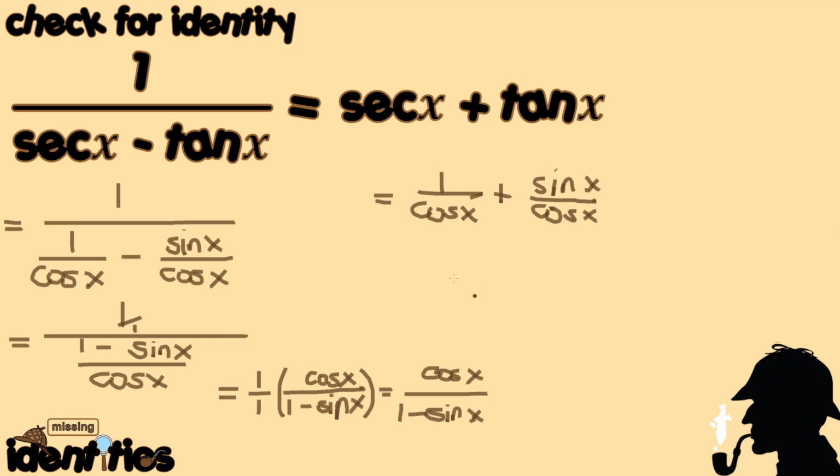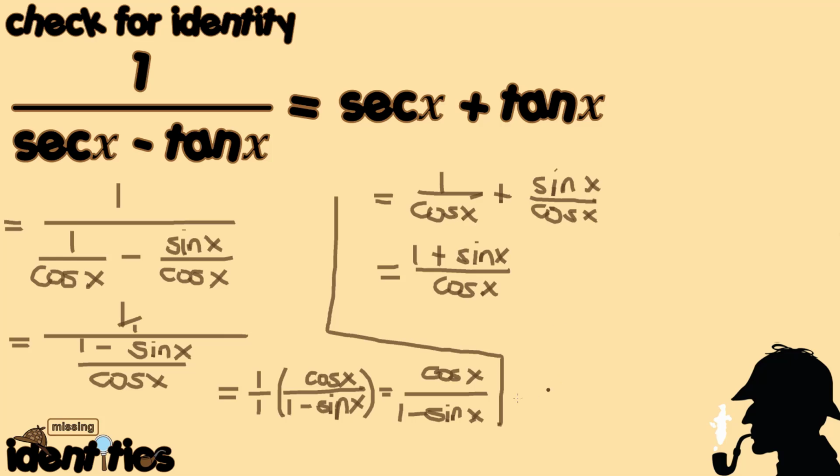Now, if we combine that, this is the left hand side, let me just separate the two, and this is the right hand side. Since you have the same denominator of cosine x, copy that. You will have 1 plus sine x as its simpler form. But this is not yet the same as this.